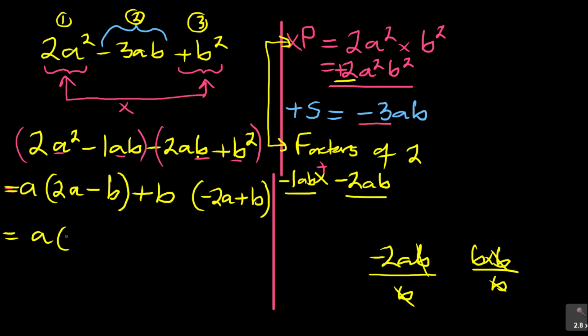You're going to say a, 2a minus b, then you start to interchange the signs. Since the second bracket is only different by the signs, where there was a positive b, you say minus b, put a bracket. Where there was a negative 2a, you put a positive 2a. Where there was a positive b, you put a negative b.